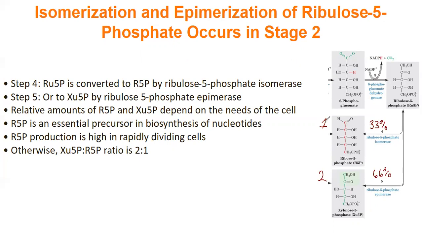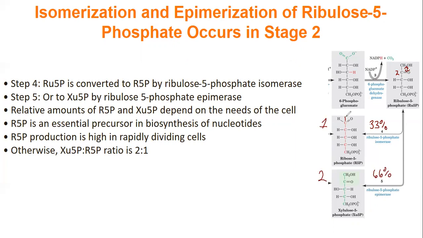The easiest way to think about it here for this reaction is that you're just flipping where the C double bond O is. So on ribulose 5-phosphate, C double bond O is on carbon 2. On ribose 5-phosphate, it's on carbon 1. Otherwise, the molecules are identical. That's all that's happening.